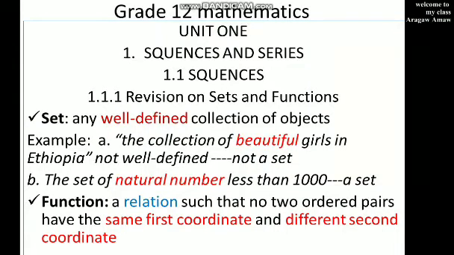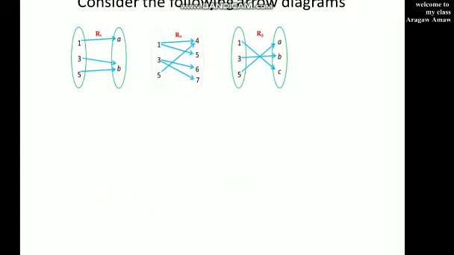In case of function: a relation such that no two ordered pairs have the same first coordinate and different second coordinate. For example, consider the following arrow diagrams.